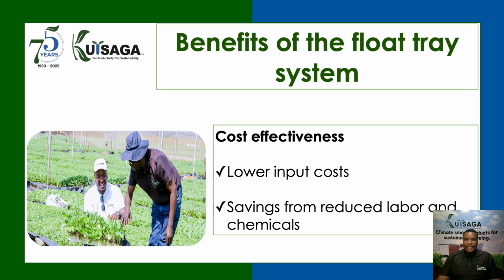So what we're saying here is that during the initial stages of setting up a float tray system, it will definitely cost a bit more. But in subsequent years, you'll realize there are savings attached to using the system compared to the conventional system, right? If you can see those sections highlighted in red, those are some of the costs.